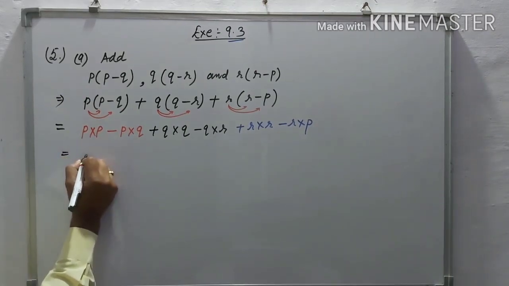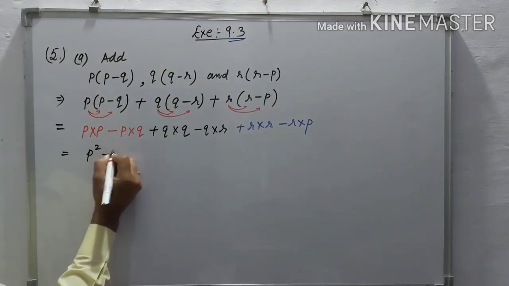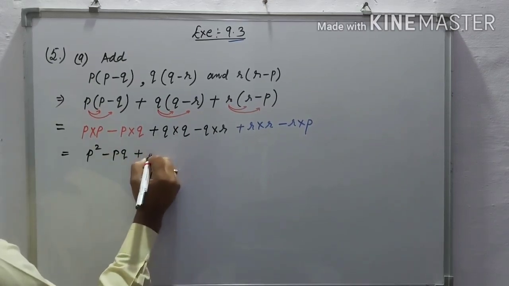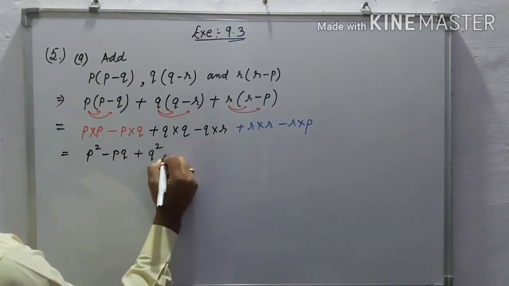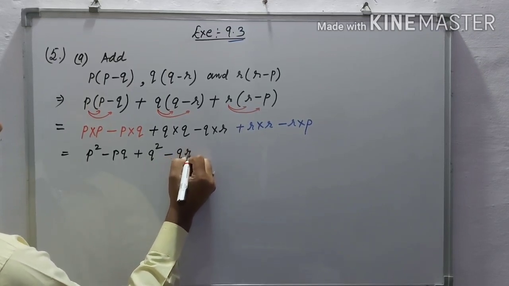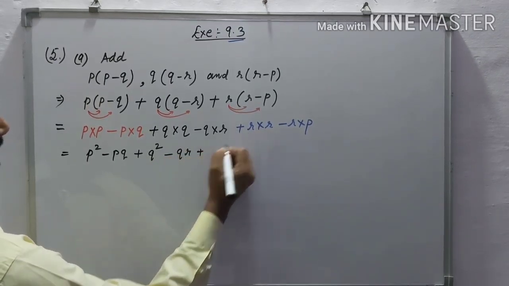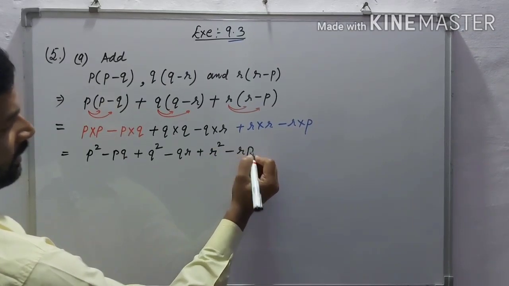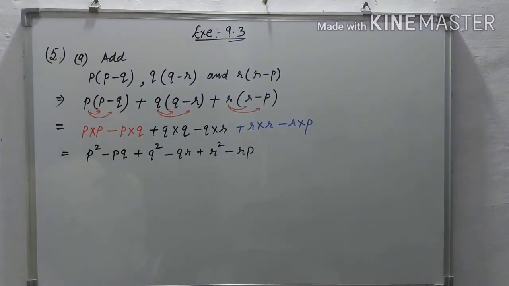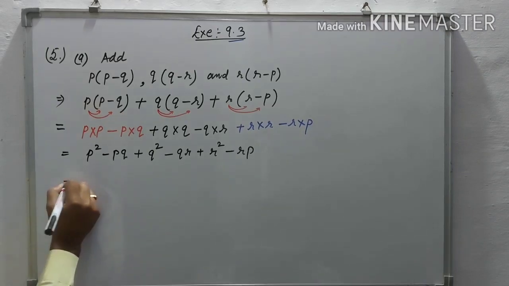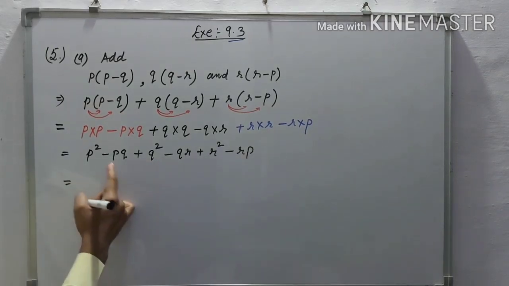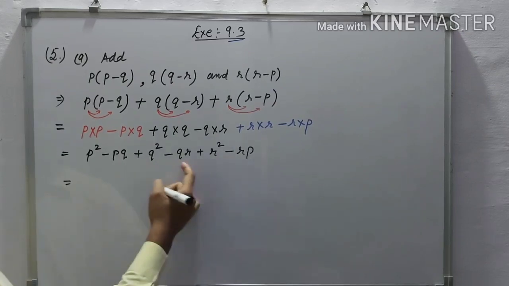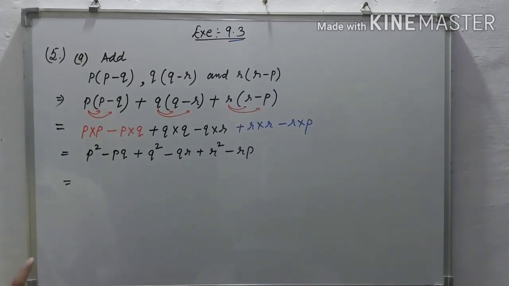P two times means p square minus pq plus q square minus qr plus r square and minus rp. Okay, and all our terms will be arranged because p square is not here, pq not any one terms, q not here and qr, so all terms will be unlike terms.